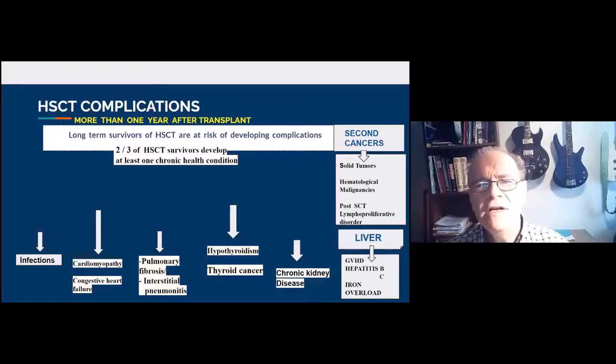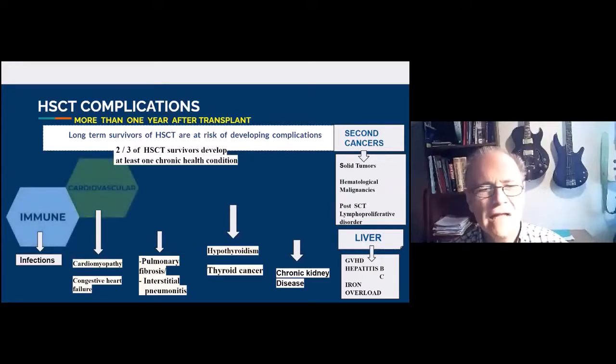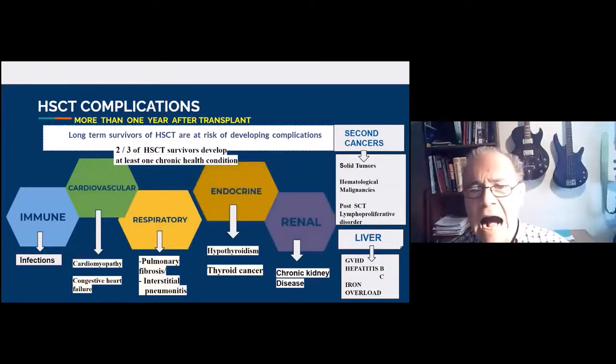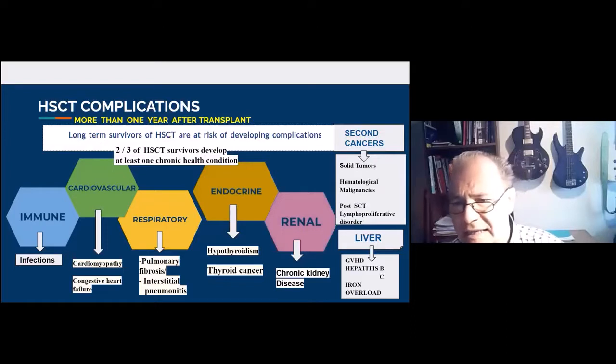More than 1 year after transplant, long-term survivors of hematopoietic stem cell transplant are at risk of developing complications. Two to three of hematopoietic stem cell transplant survivors develop at least one chronic health condition. They are immune alteration like infection, cardiovascular like cardiomyopathy, congestive heart failure, pulmonary fibrosis, interstitial pneumonitis, hypothyroidism, thyroid cancer, and chronic kidney diseases.